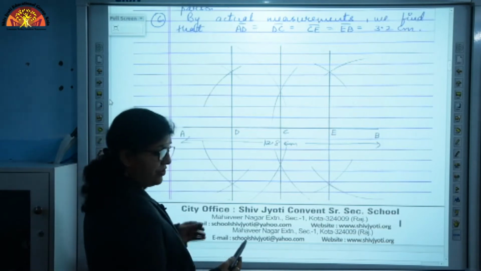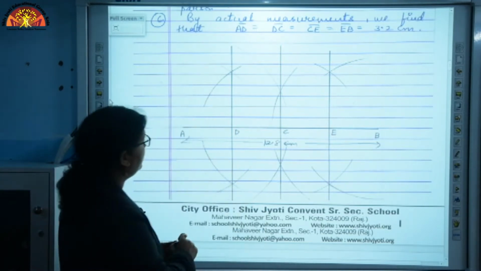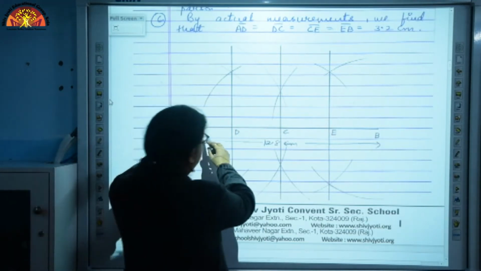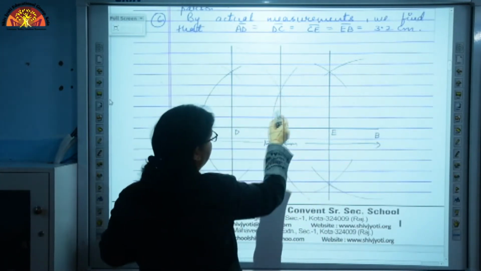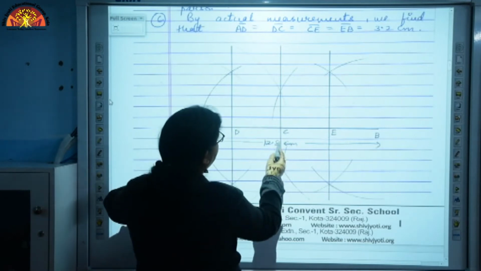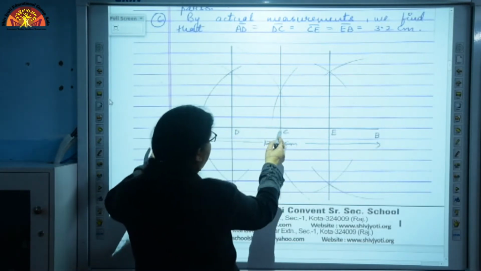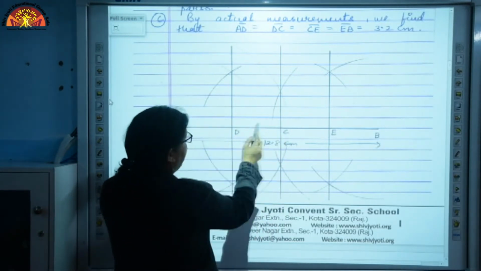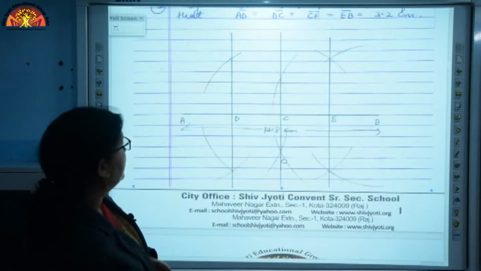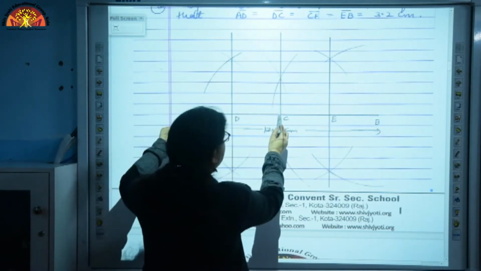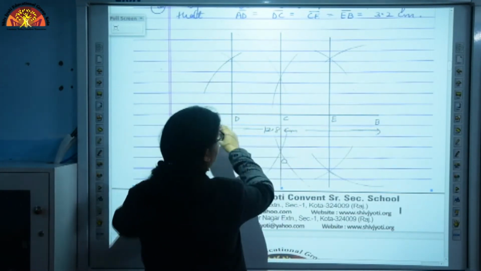Now students, first we draw this line segment AB. After that, first we draw this perpendicular bisector and after that we draw again the perpendicular bisector of AC. This is the first half, means C is the midpoint of AB.